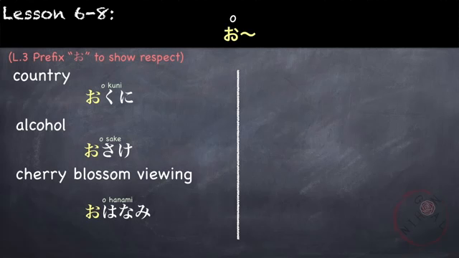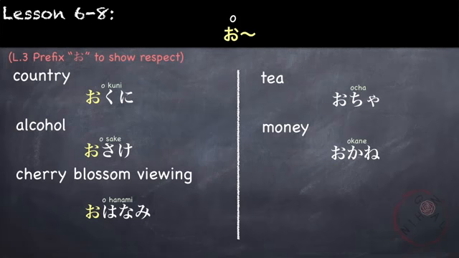However, there are some words that start with o, but they don't necessarily mean that they're being polite, such as tea, which is ocha, money, which is okane. So they are just part of the word. So you cannot say cha or kane. You have to say ocha or okane.